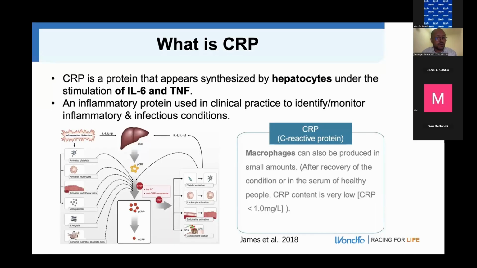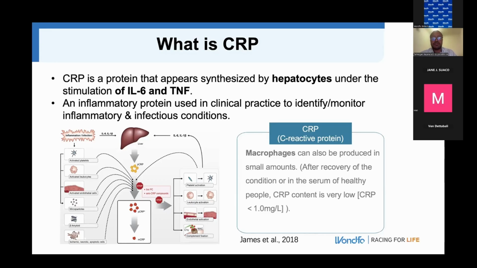As we all know, and as was discussed earlier, CRP is an inflammatory protein, mainly produced by the hepatocytes under the stimulation from interleukin 6 and TNF. In this pathophysiology framework, it can help us in clinical practice to identify, to monitor, or even to de-escalate our antibiotics utilization.